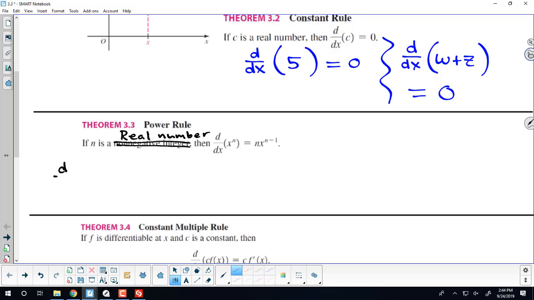So for example, in order to take the derivative of x squared with respect to x, we put the power out front to multiply x, and then we take 1 away from the original power. So we have 2 times x to the power of 2 minus 1, which is 2x to the first. So already you can see it's much more efficient than computing the limit on the difference quotient.